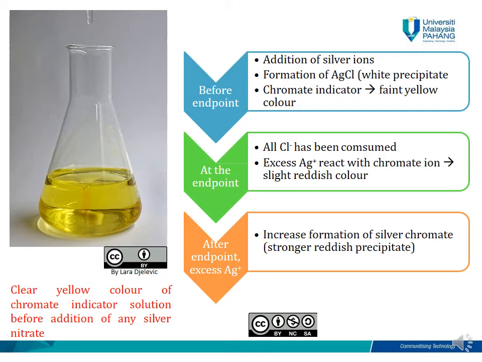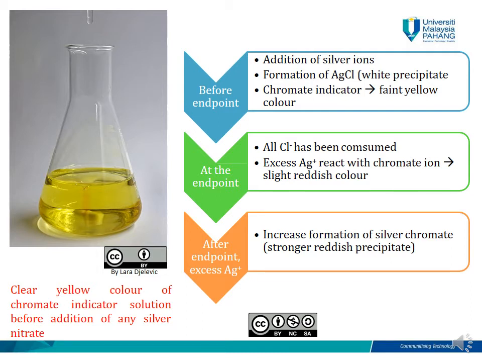Okay, so what actually happens at the endpoint? All the chloride ion has been consumed, and what is in excess at this endpoint is your titrant, the silver ion. The excess silver ion reacts with the chromate, so it will give you this slight reddish color. So here is your endpoint.